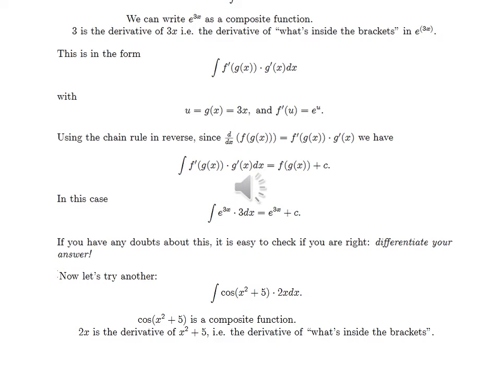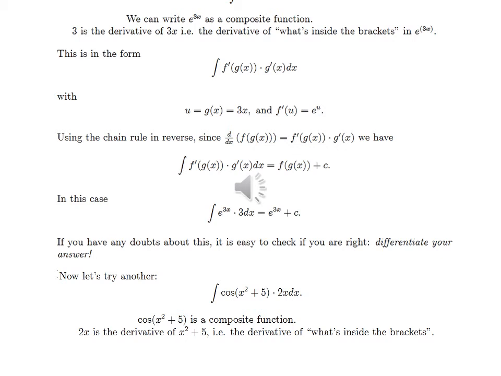This is the form: integral of f dash of g(x) multiplied by g dash of x dx, with u equal g(x) equal 3x and f dash of u equal e to the power u. Using the chain rule in reverse, since d by dx of f(g(x)) equals f dash of g(x) multiplied by g dash of x, we have the integral of f dash of g(x) multiplied by g dash of x dx equals f(g(x)) plus c.